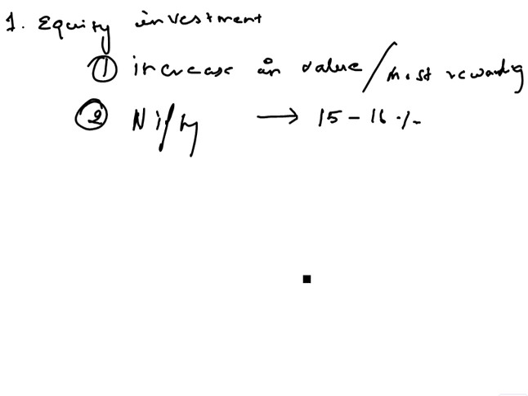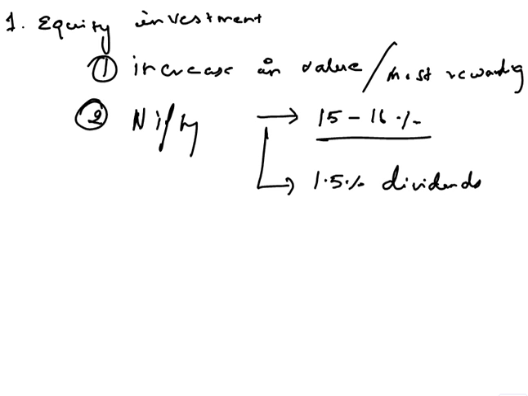So that says why equity investment is most rewarding with respect to other types of financial instruments in the market. And it is also paying an average of 1.5 percent dividends annually for the last 15 years. And we know dividend is a percentage on the face value of a share that a company returns to its shareholders.